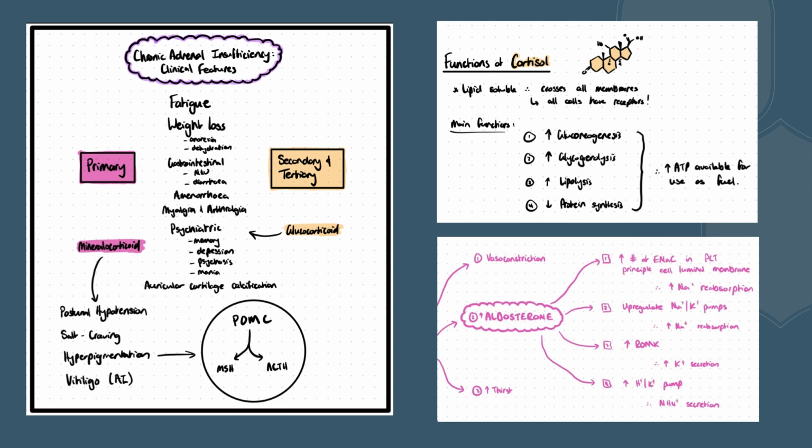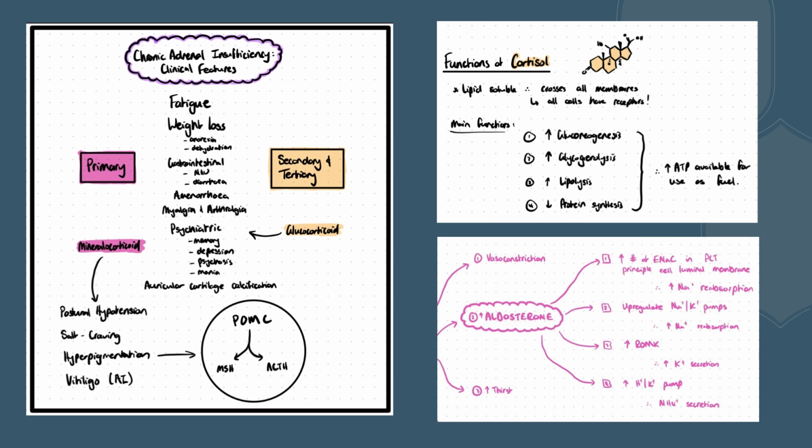So these patients get stimulated to get these dark patches in the skin, and actually once you treat these patients, that hyperpigmentation resolves in 3 to 4 days, which is quite interesting. So just to understand the effect of aldosterone, the effect of cortisol, how these things are accounted for in our patients.